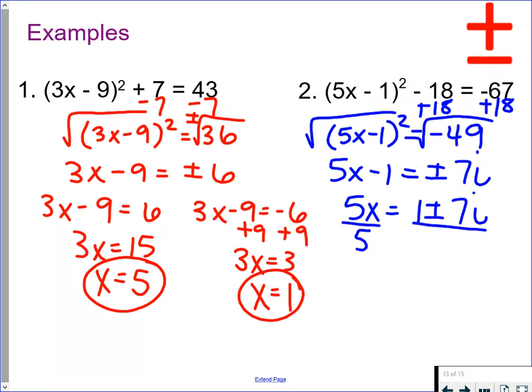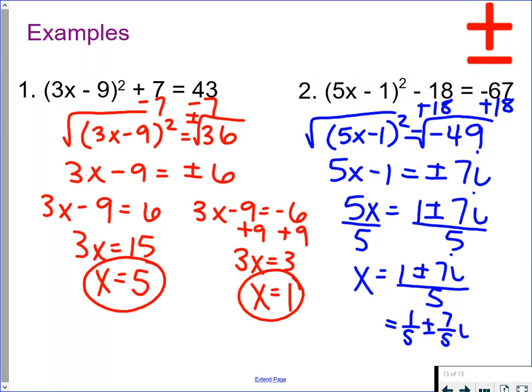And the good news is that I don't have to simplify that any further because 1, 7, and 5 aren't divisible by the same things. You could if you wanted to, but you don't have to in this case. You could write it as 1/5 plus or minus 7/5 i. You don't have to. I'll accept this. When we're solving, you don't have to write it in standard form like that.